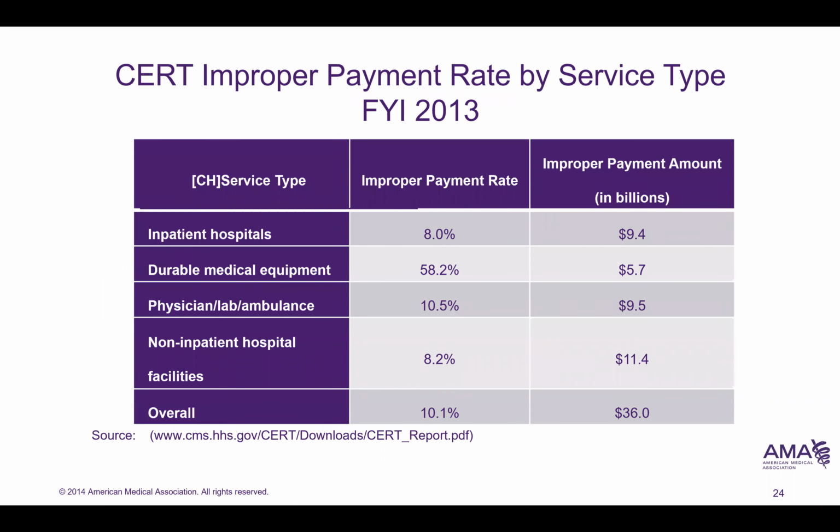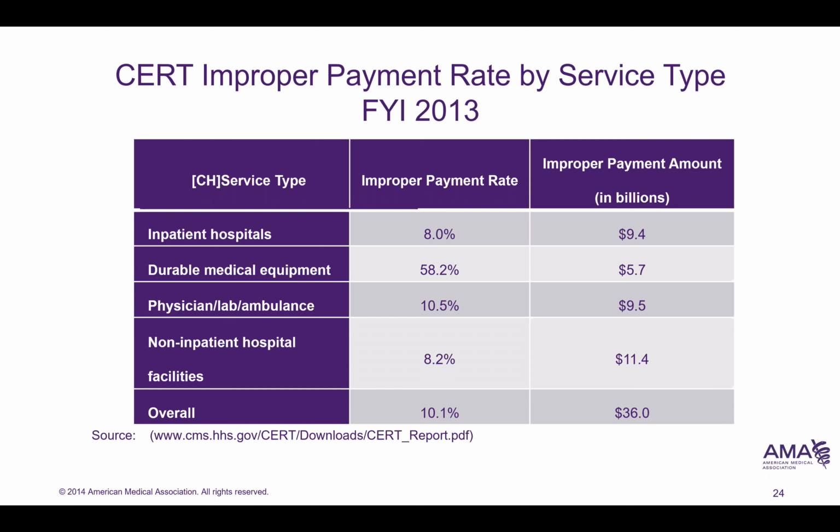So here's an example. For inpatient hospitals, there was an improper payment rate of 8%, and the amount estimated to be $9.4 billion. Durable medical equipment, 58.2% improper payment, $5.7 billion. Physician, lab, ambulance, 10.5%, $9.5 billion.